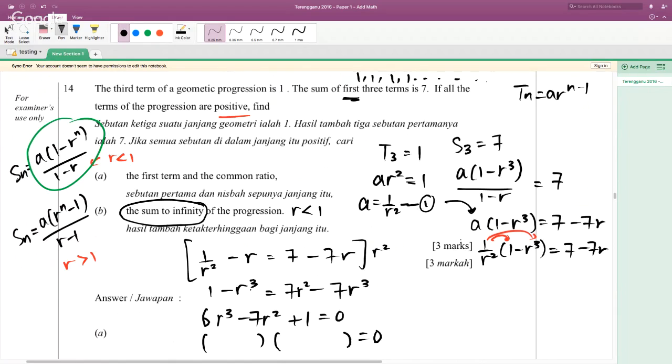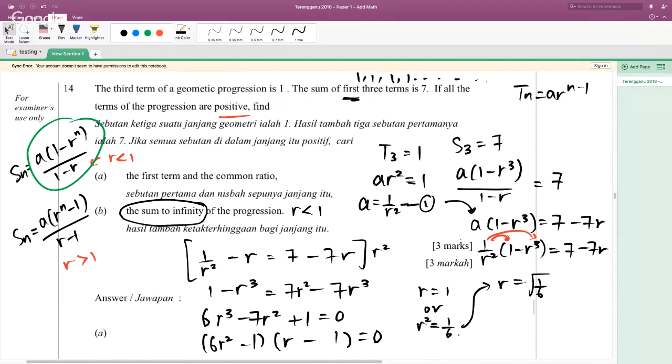I mean 6R squared minus... Okay, this one will be 6R squared, and then this one will be R, and then this one will be 1 and 1, both minus. So R will equal 1, or R squared equals 1 over 6. I still got it wrong for such an easy question. Which part did I do wrong?